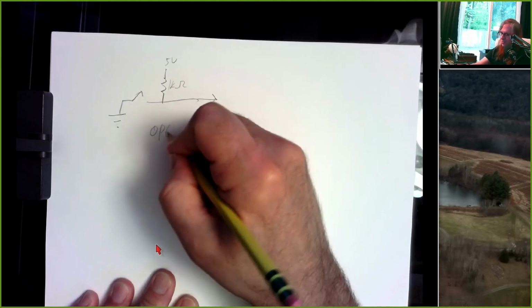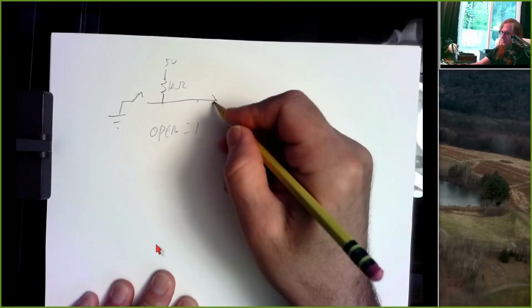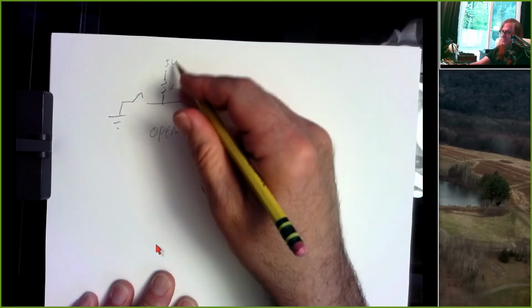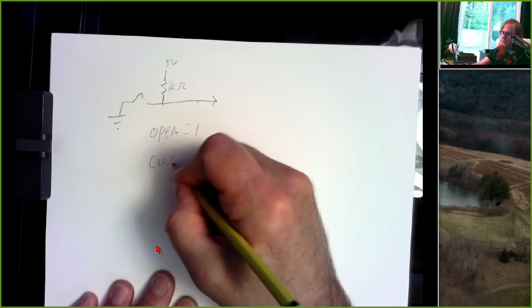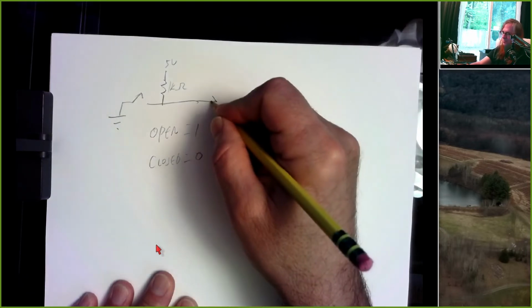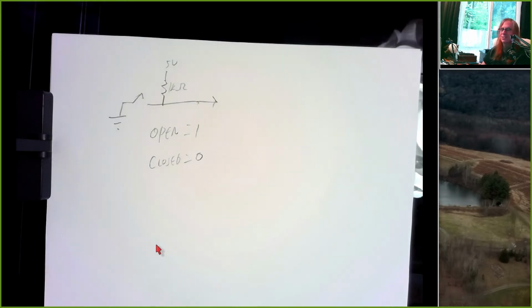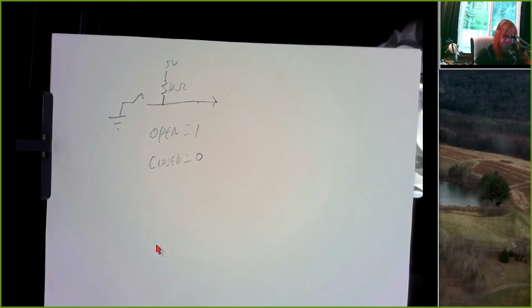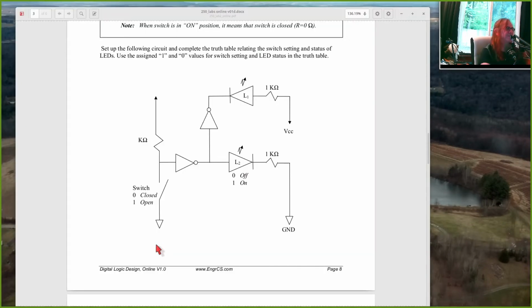And if the switch is open, this point will be a logic 1 because it's pulled up to 5 volts, and if the switch is closed, this point will be connected to ground, so it'll be a logic 0. So with this type of wiring, open is going to be 1, closed is going to be 0.